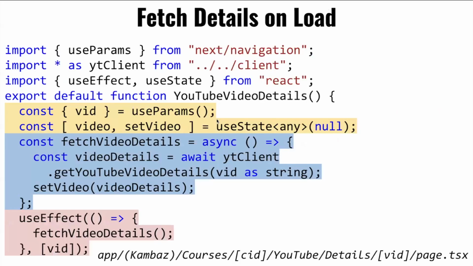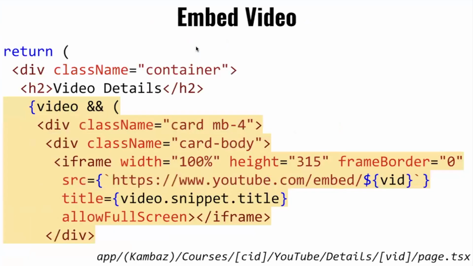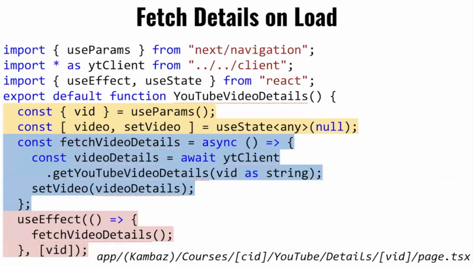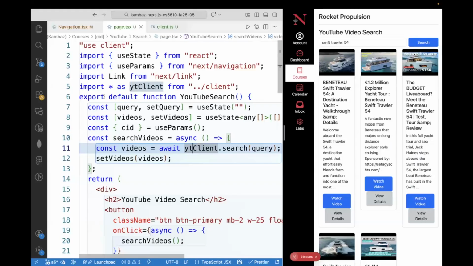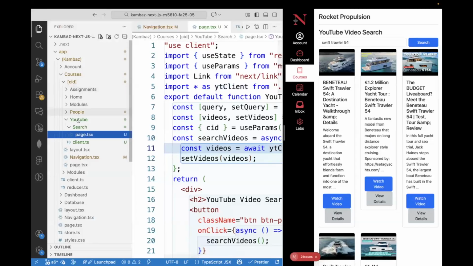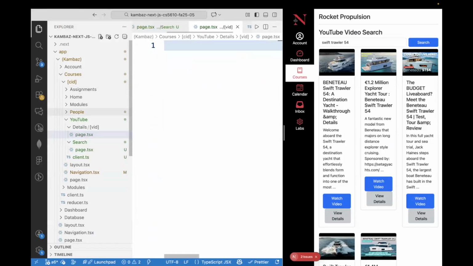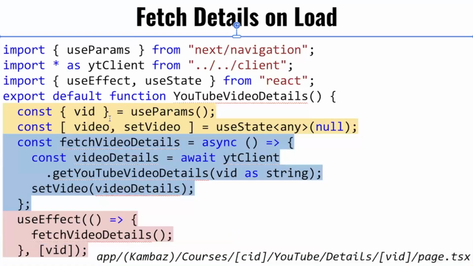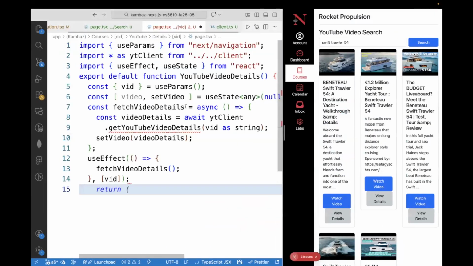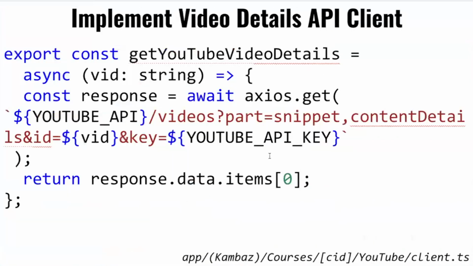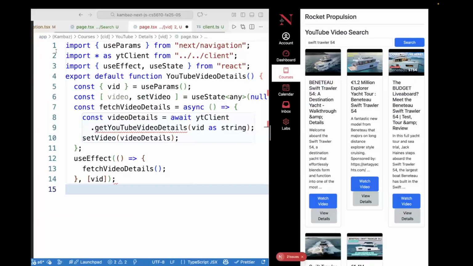All right, so let's create a new details page that is going to be able to render the details for that specific video. We're going to create a details page right next to our search page, and we need to create the client, so let's paste that into our client.